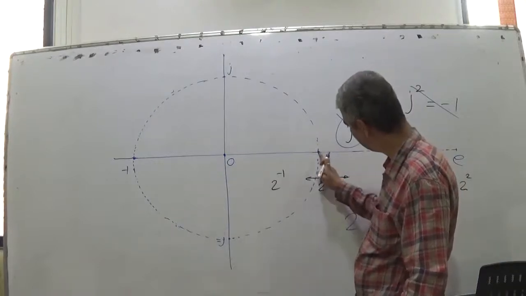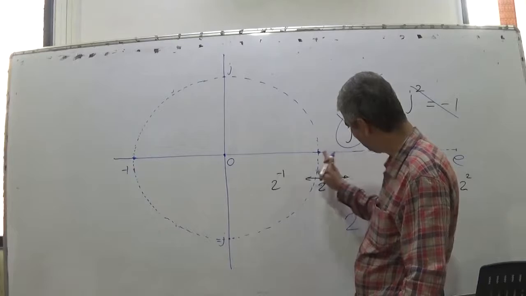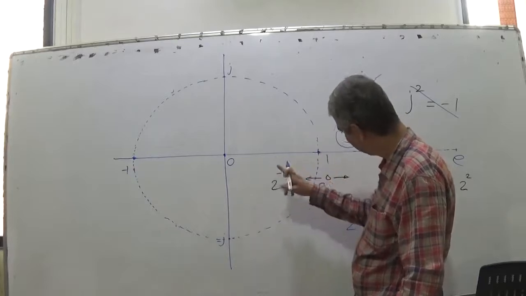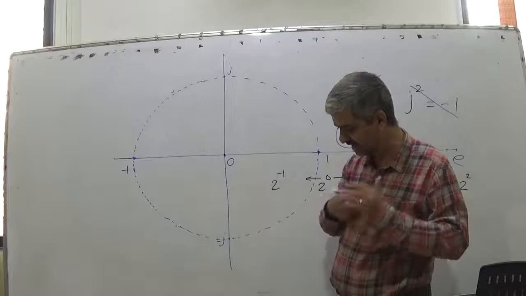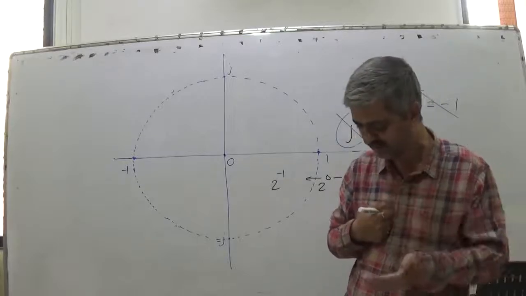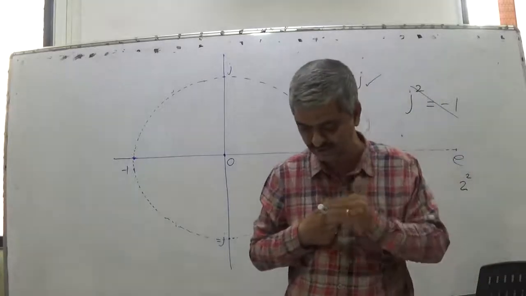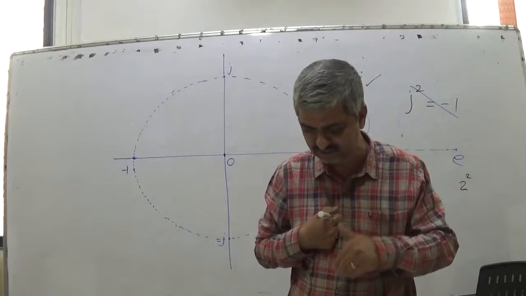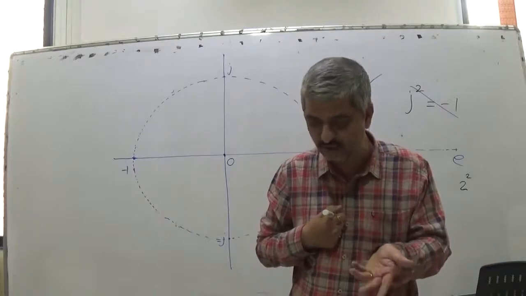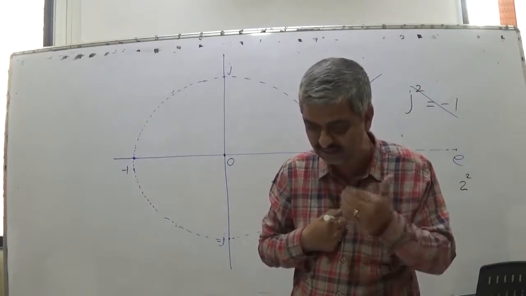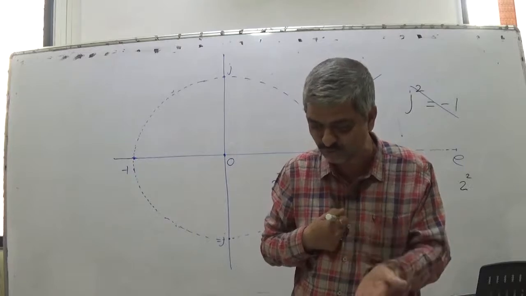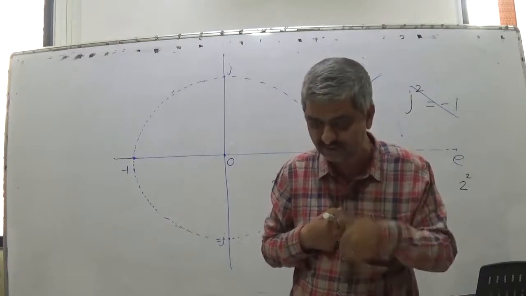When from 0 you move on the positive side, you scale up. On the negative side, you scale down. So you scale up for positive index, you scale down for negative index, you don't scale for 0 index. What will you do for an index which is neither negative nor positive nor 0 but imaginary?